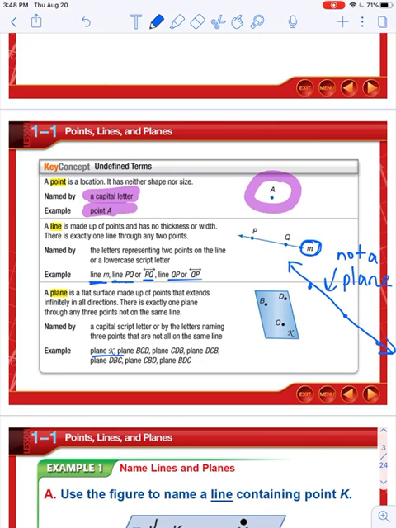Those are all correct ways to name that plane. So you'll notice you name a point with 1 letter, a line with 2 points, and a plane with 3 points, or a line with lowercase script, or a plane with an uppercase script.